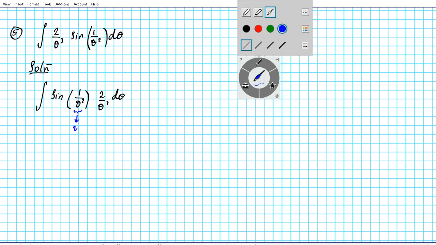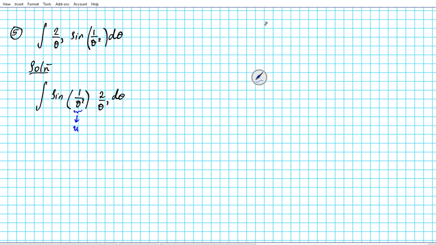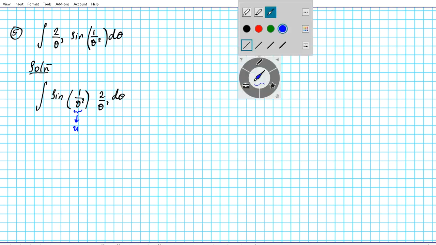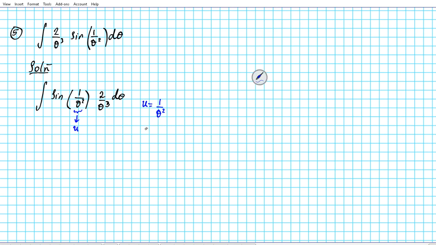Okay, so if this is u, what is 2 over theta cubed d theta? To determine what that is, we're going to go ahead and extract our u value. So u is 1 over theta squared. So what is du going to be? du is going to be the derivative of this.